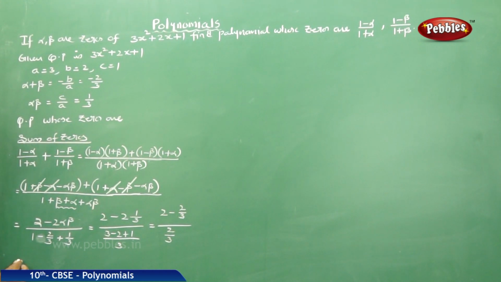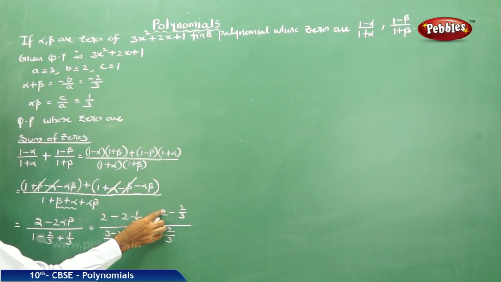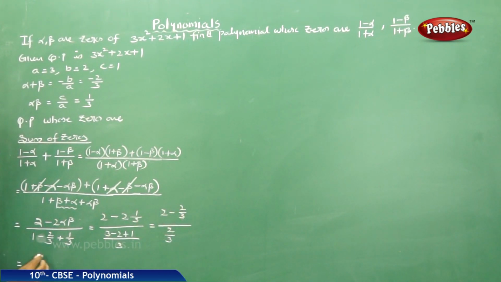Now the simplified value of this one: 3 twos are 6 minus 2, that is 4 by 3, by 2 by 3. The 3s get cancelled, the left part is 4 by 2, which is equal to 2. Now the sum of the zeros is 2.